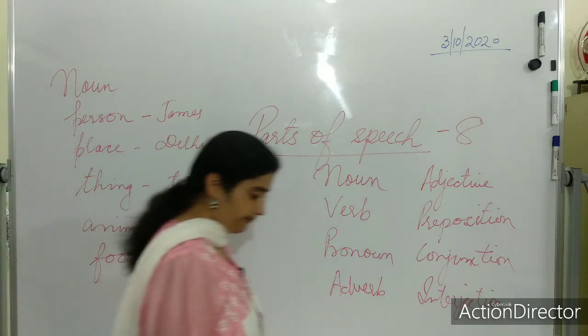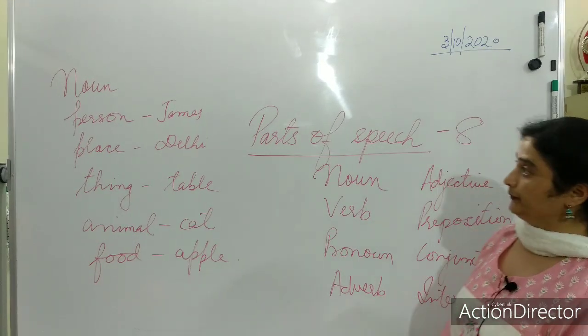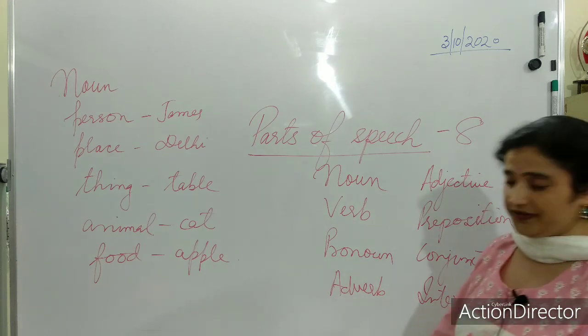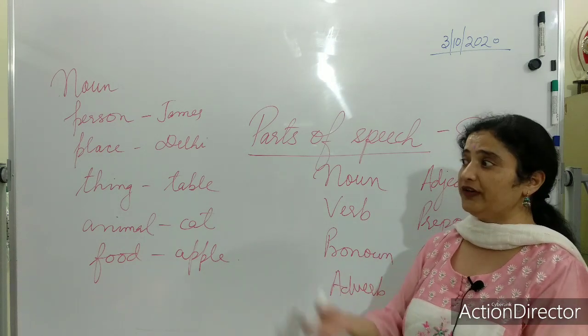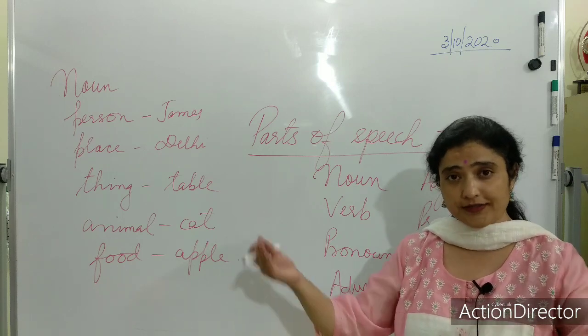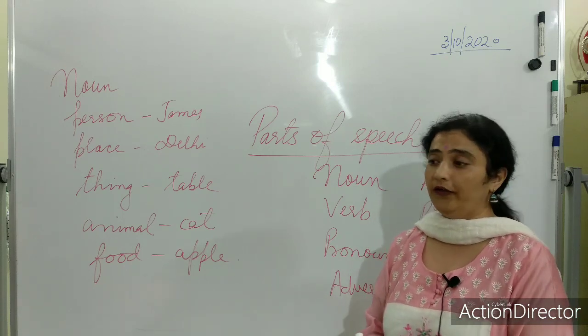These are your nouns. Right? Noun is the name of a person, place, thing. These are the definitions which we have mugged up since we started learning grammar.